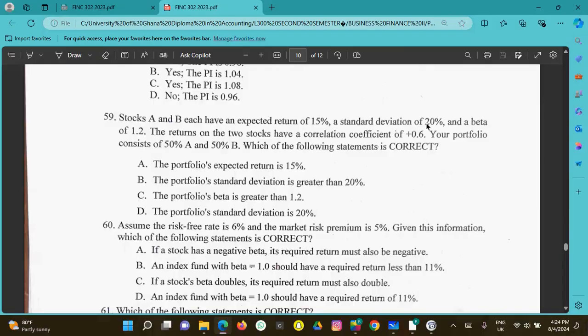Portfolio beta is greater than 1.2? Portfolio beta here is 1.2. Portfolio standard deviation is 10%? This 20% here can either go up or come down. So the answer to this is A. So 59 is A.